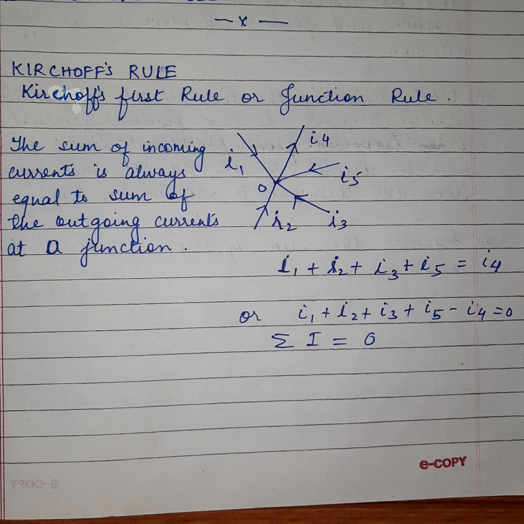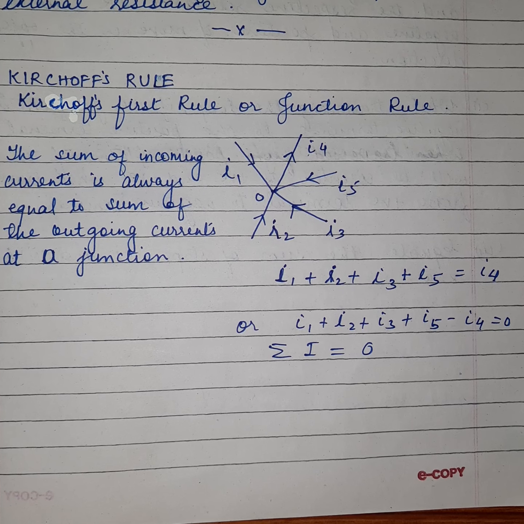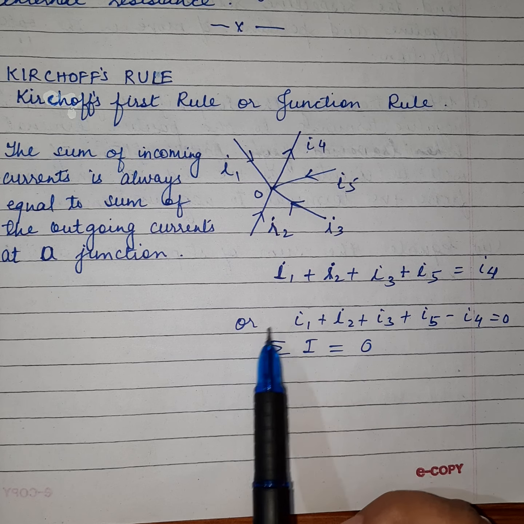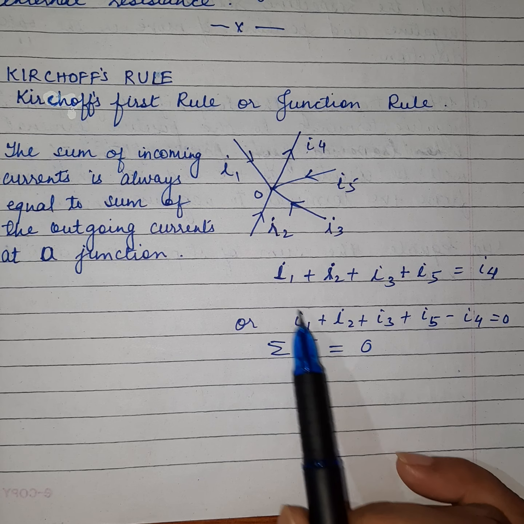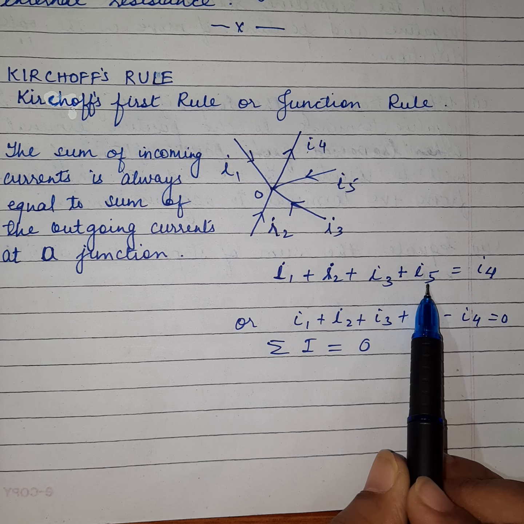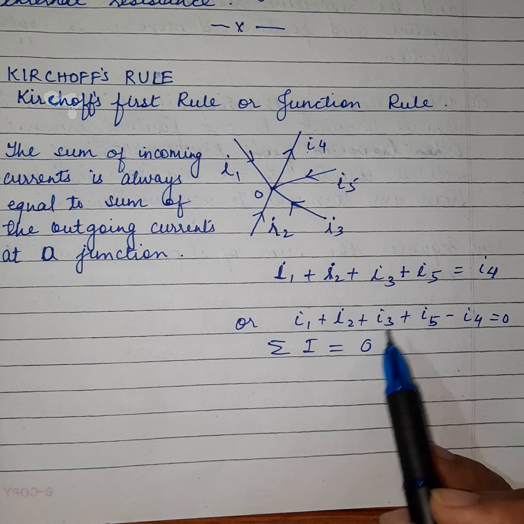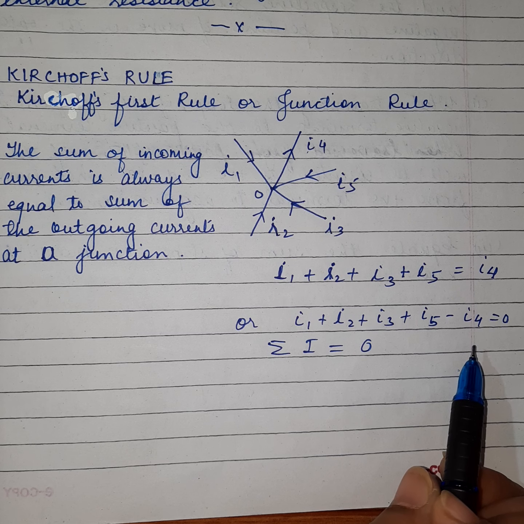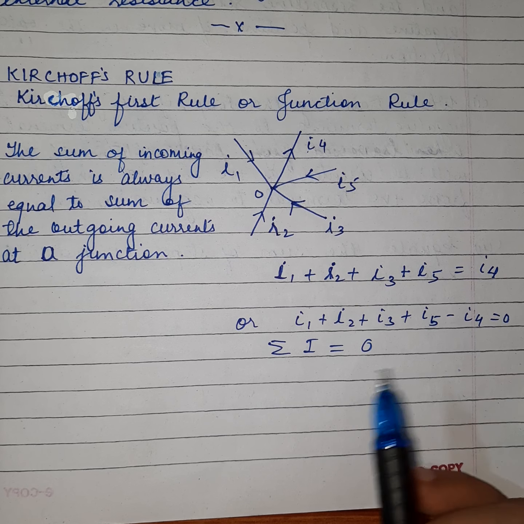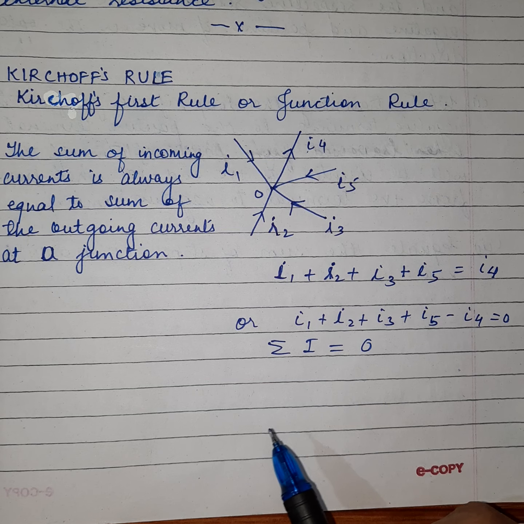Here the currents reaching junction O, that is incoming currents I1, I2, I3 and I5, are taken as positive, and the current leaving the junction, that is I4, is taken as negative. Thus the sum of all the currents will be 0.